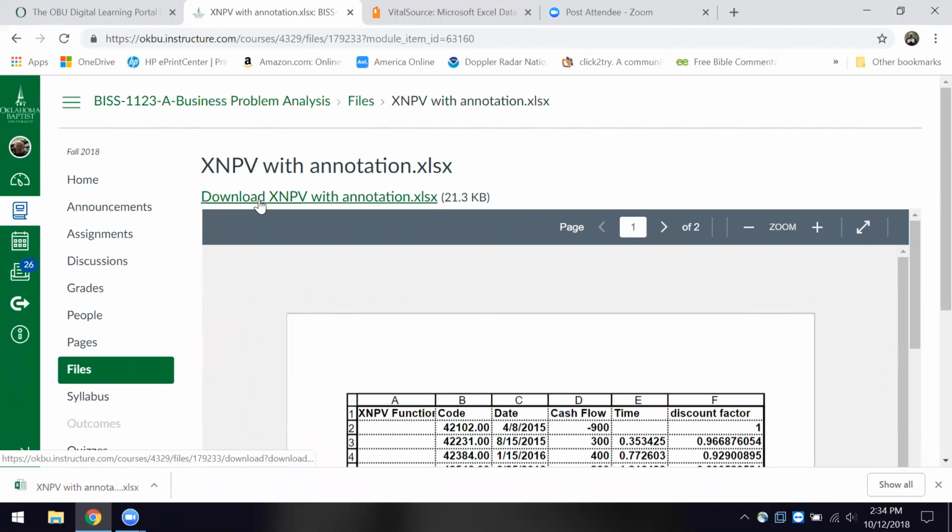It's easier just to cut and paste out of the text and throw it into a text file here in Excel than it is to keep referring back to the chapter. But I do have the book open here, and if you would want to check it, you could see. Now, I'm going to open up the XNPV with annotation.